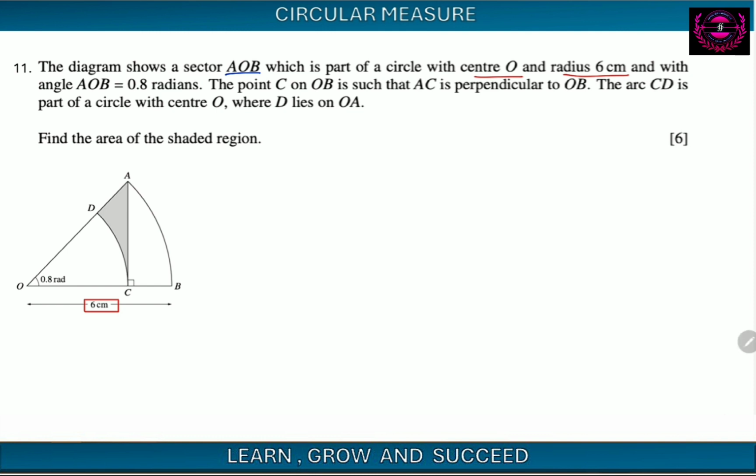See, area of shaded region can be calculated by area of triangle AOC minus area of sector COD.